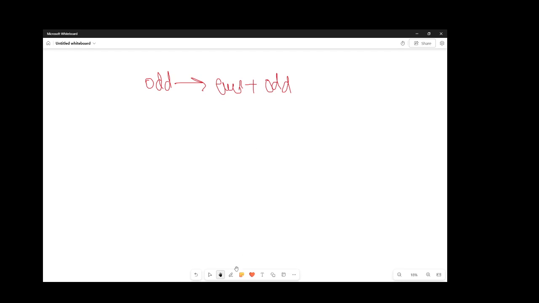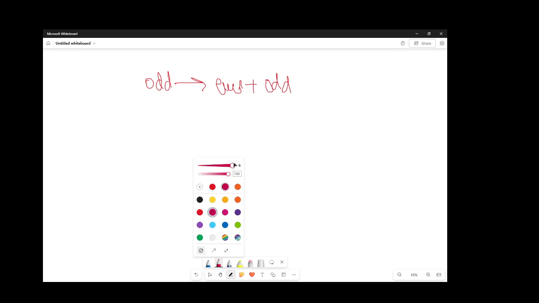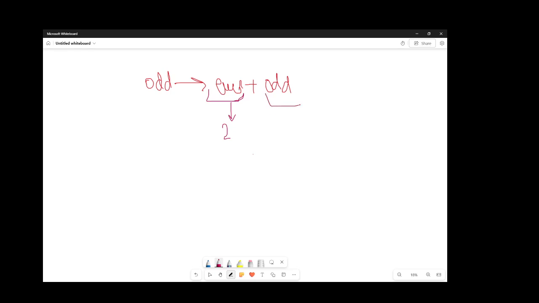So for this, if the number is even, we have already calculated that the answer would be 2 here. And for the odd, we can change it as, sorry, I think I have made a mistake.